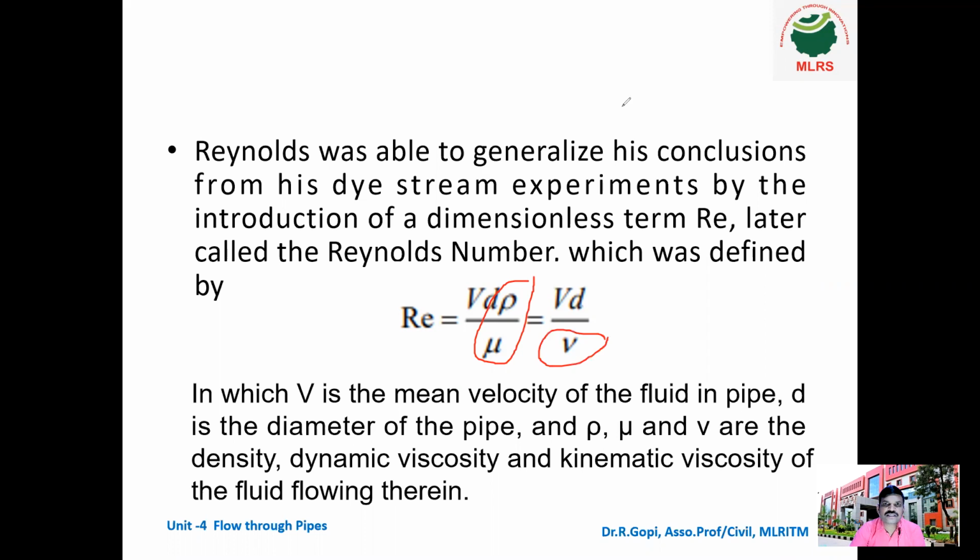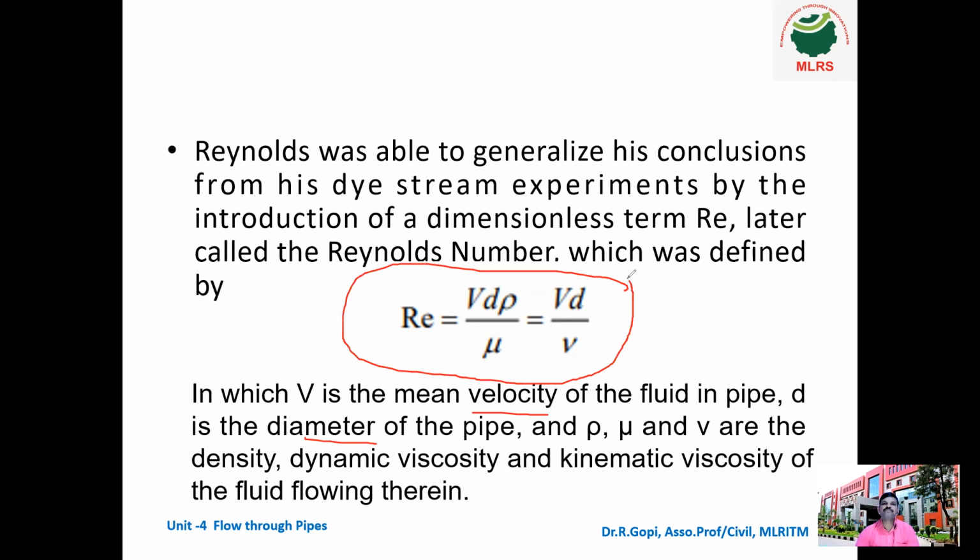This is the Reynolds number formula, in which V is the mean velocity, that is, the velocity of the fluid in the pipe. D is the diameter of the pipe. And rho, mu and nu are the density, dynamic viscosity and kinematic viscosity of the fluid flowing in the pipe. These two formulas are important while doing problems.